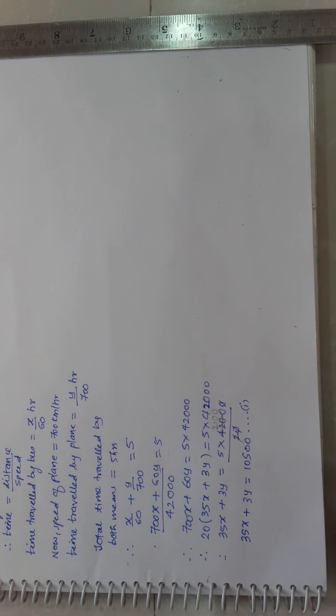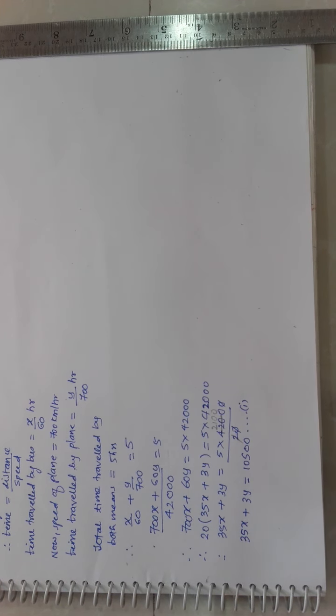Now let us go to the other condition, which is underlined over there. It says out of 1900 kilometers, that means total distance traveled is 1900 kilometers. Either you travel by bus or you travel by plane.